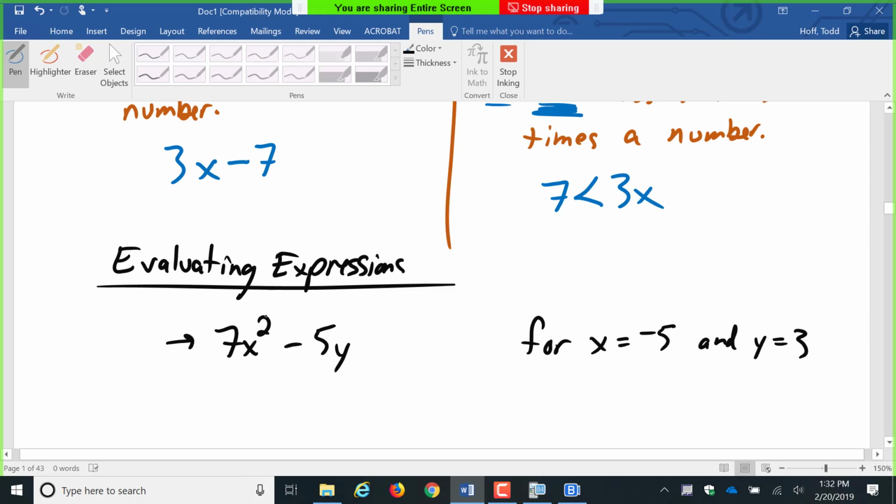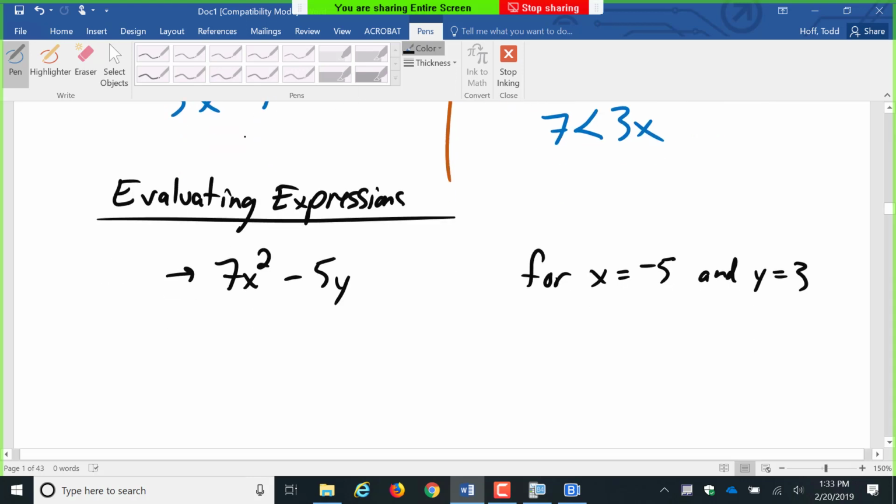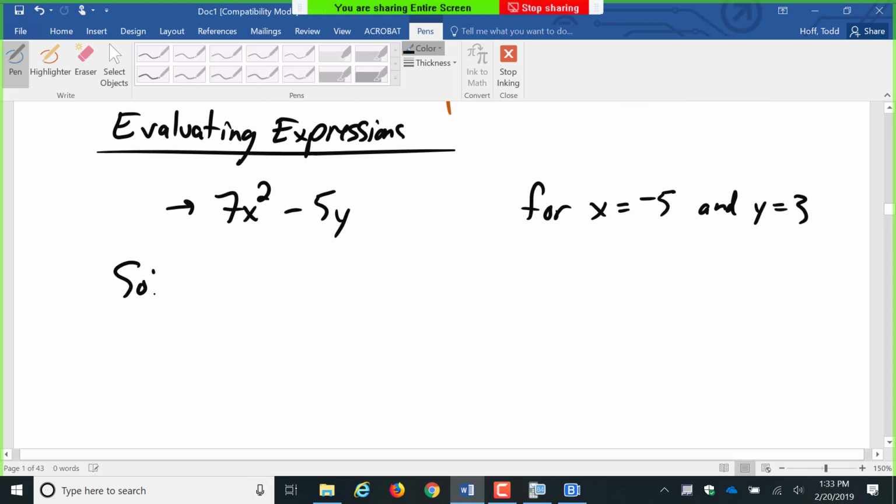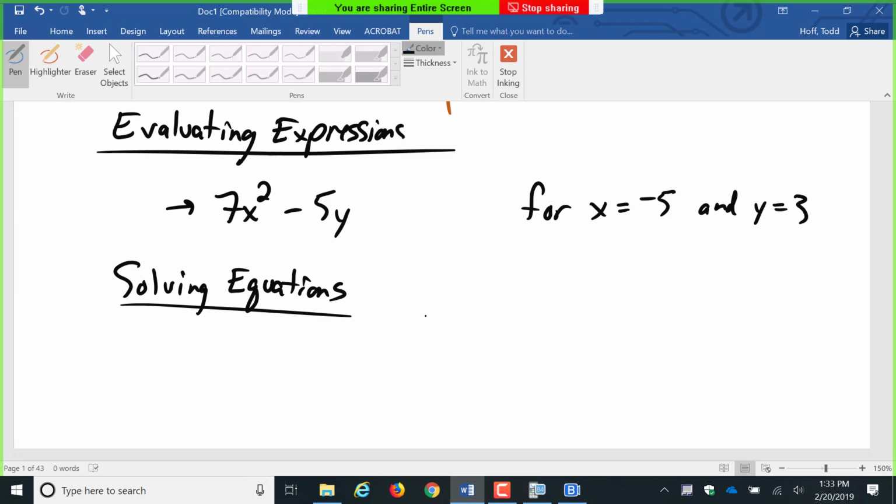Put the numbers in, do order of operations to get the value. Solving equations of all forms. So simple equations, equations with fractions, equations that are fractions, and so on.